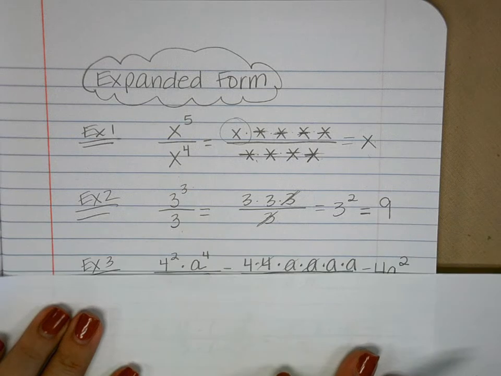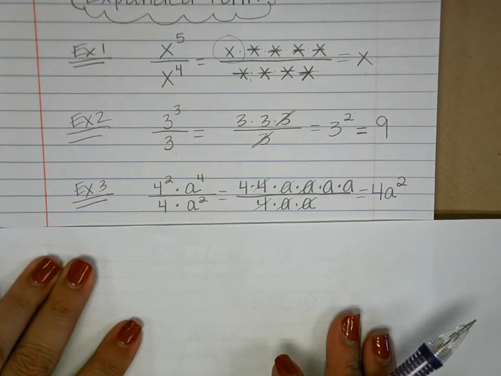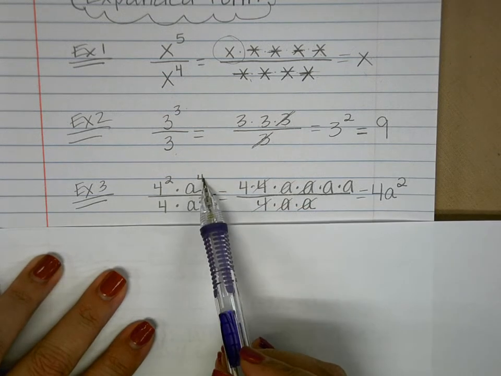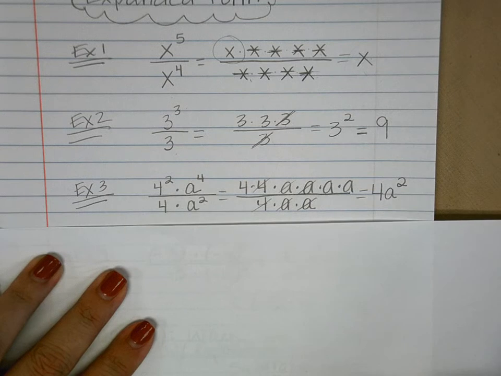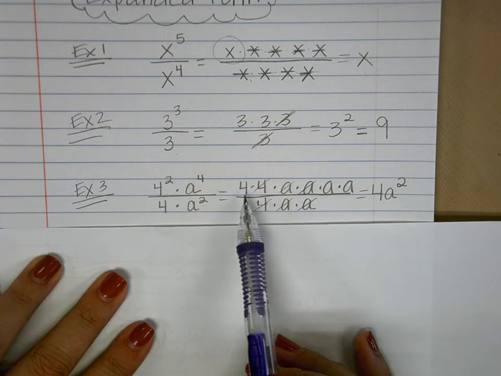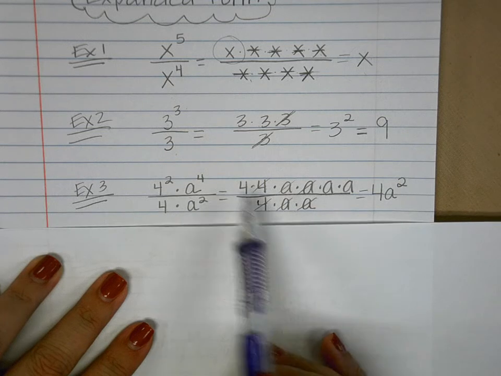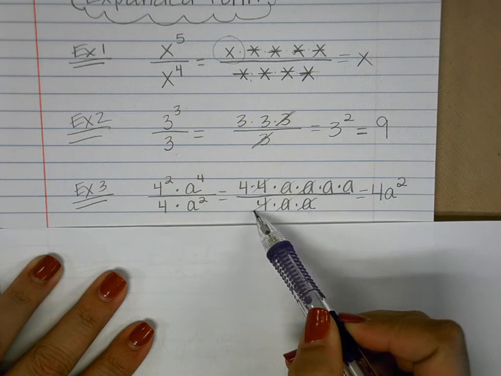Here's another one. This is one where you might have letters and numbers combined. So this is 4 squared times a to the 4th over 4 times a squared. So on the top we write 2 4's, the bottom gets 1 4, right? The top 4 a's, the bottom 2 a's. Start crossing things off.